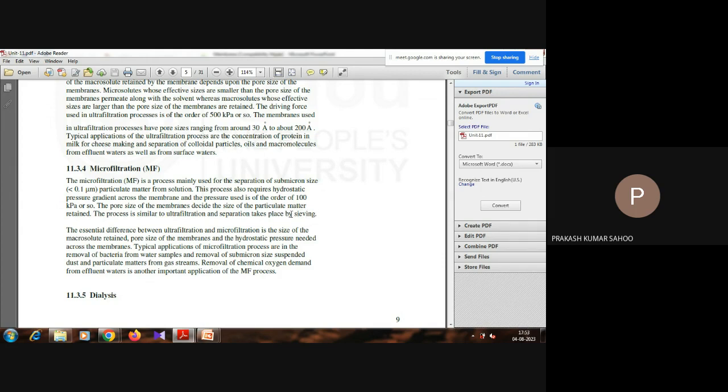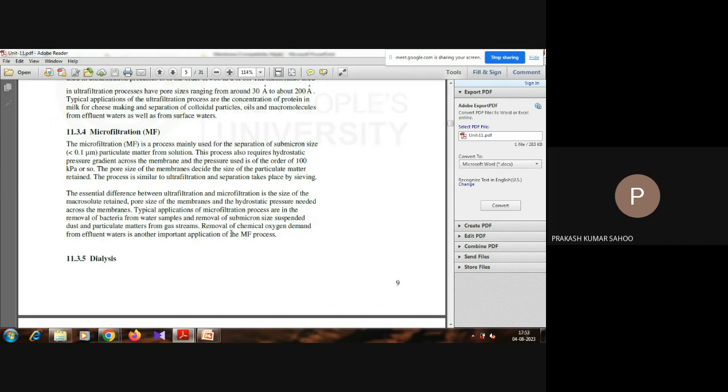Sieving is just filtration with the help of some filtering materials. The essential difference between ultrafiltration and microfiltration is the size of the macrosolute retained, the pore size of the membrane, and the hydrostatic pressure needed across the membrane. Typical applications of the microfiltration process are the removal of bacteria from water samples, and the removal of submicron size suspended dust and particulate matter from gas streams.